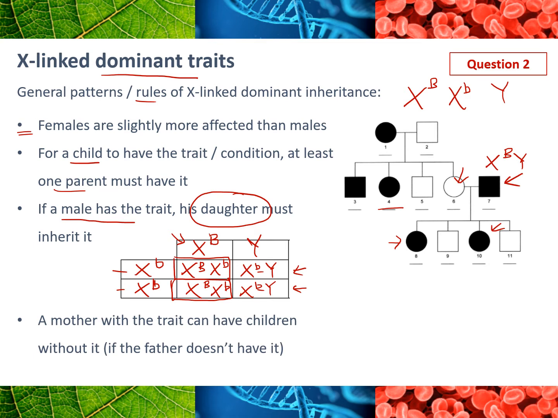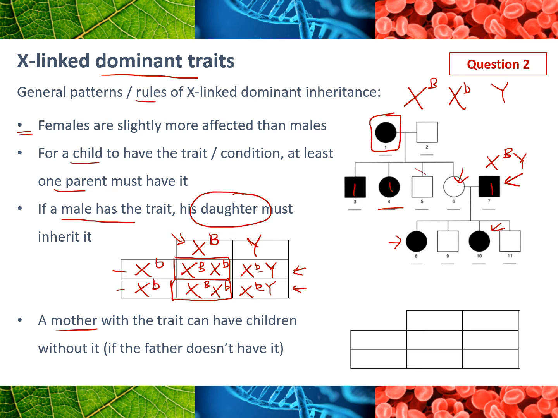Another rule or pattern is that a mother who has the trait, so let's look at individual 1, can have children that don't have the trait. So if you look at her children, she's got 3 kids. These 3 all have the trait, males and females, but there's 2 that don't have it. So again, we can use a Punnett square to show this.